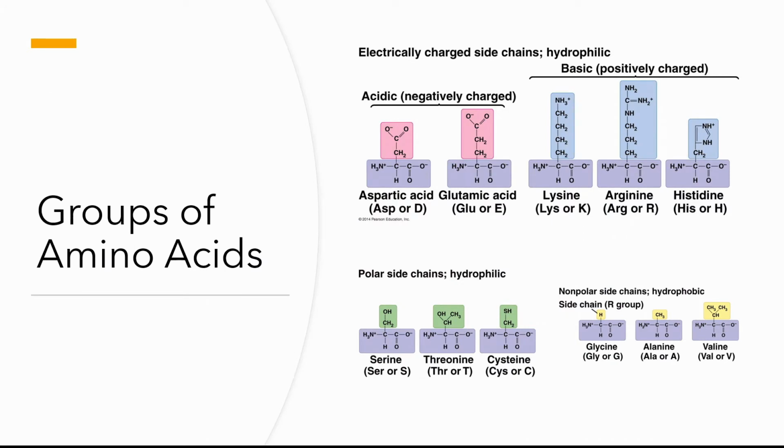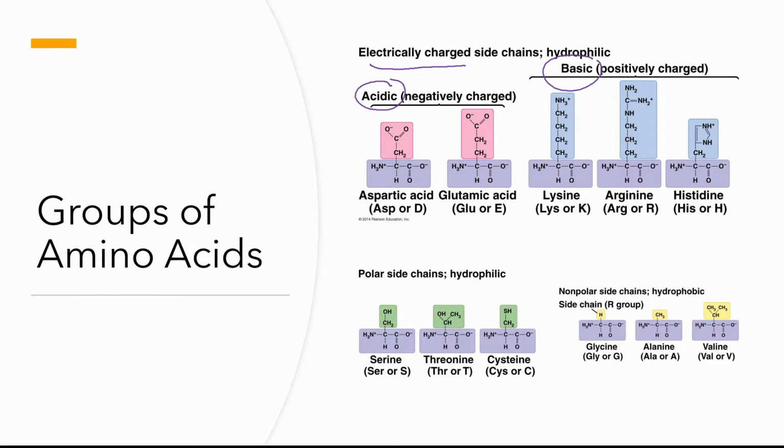Amino acids are classified into 4 groups based on different R groups. Amino acid can be classified into electrically charged side chain, where it can be basic or acidic.